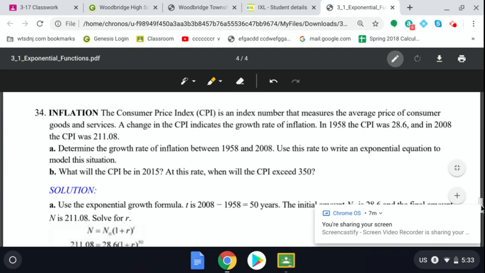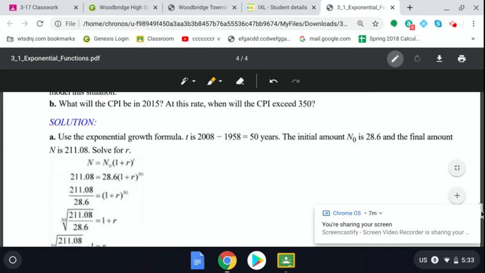So when you look at this, this is the formula you're going to need to have. You should know that the final amount is going to be the initial amount times 1 plus the rate to the t. Okay, so if you're trying to determine the rate, you substitute the other values in, and then you use your algebra skills, divide by 28.6, and then take the fifth root and subtract 1.